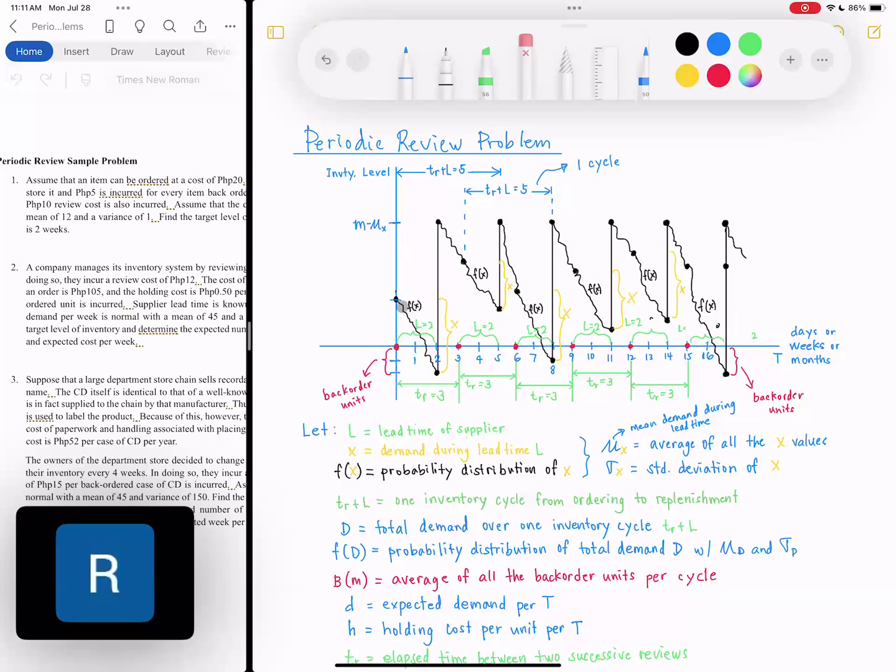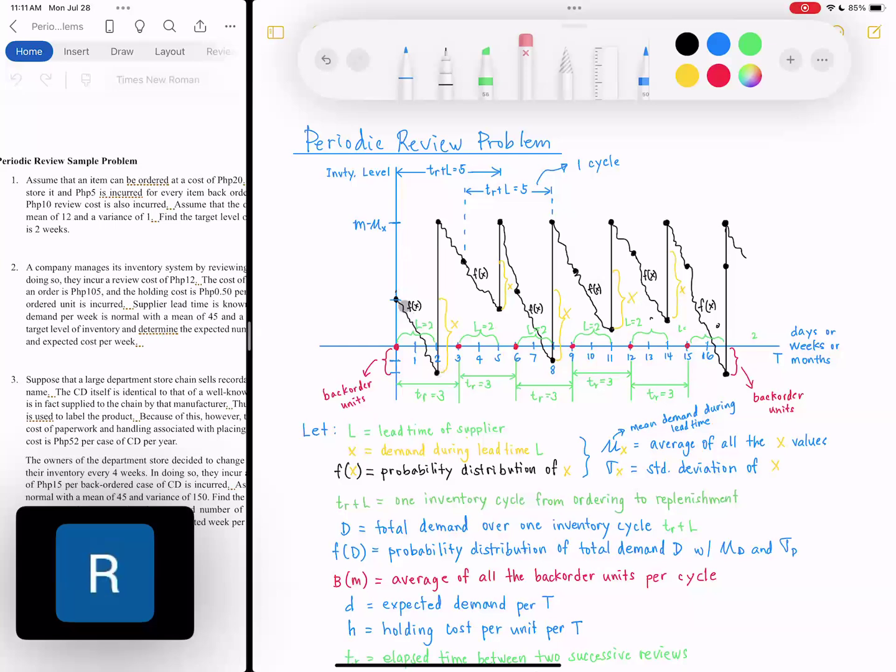As you can see, if we start here at period 0, you will have demand during lead time, okay, that consumes your inventory. And then the highlight of this inventory model is that you will have a review period.